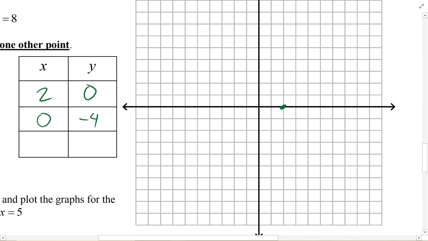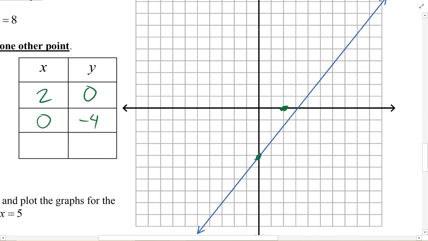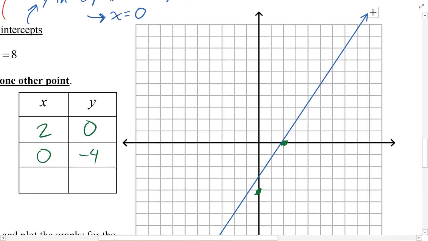So I can plot those two points. 2, 0 is right here. 0, negative 4 is right here. And I'm going to make a line. So I want arrowheads, and I want it to be super duper long.